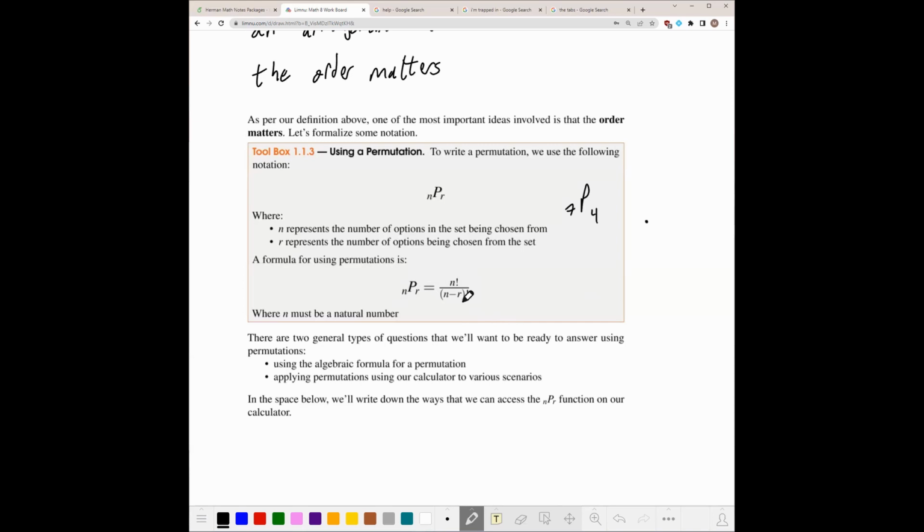Ooh. And so for this, we're definitely going to see cases where we have to do some algebra with this formula of a permutation. And then we're also going to have cases where we need to use this nPr format. So follow along with me.